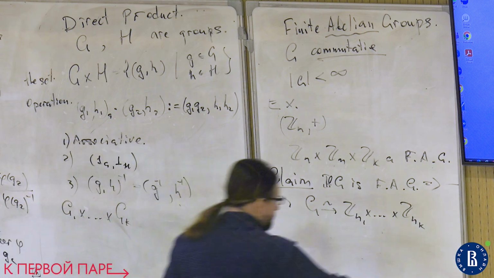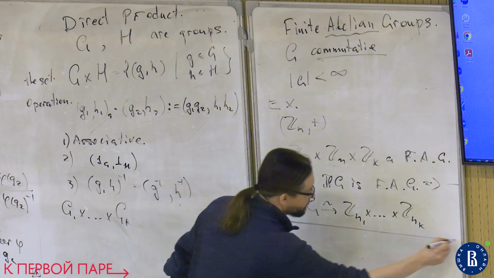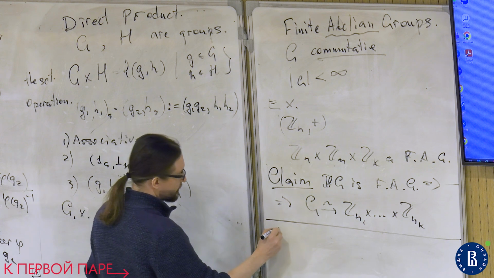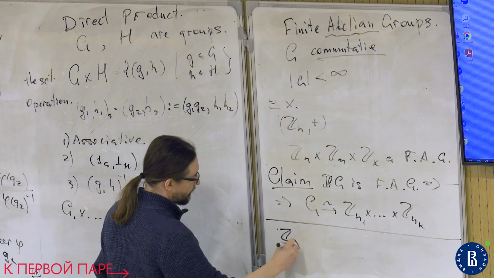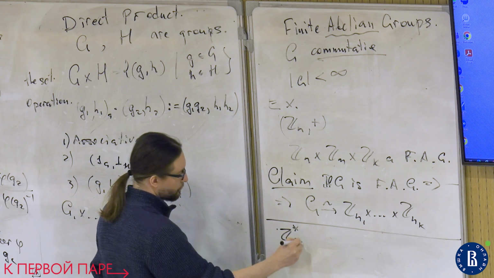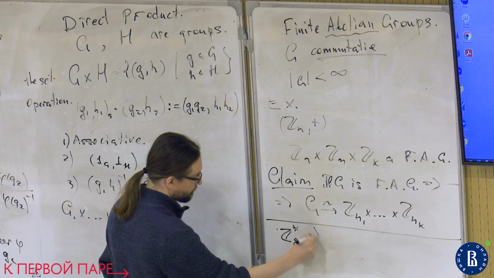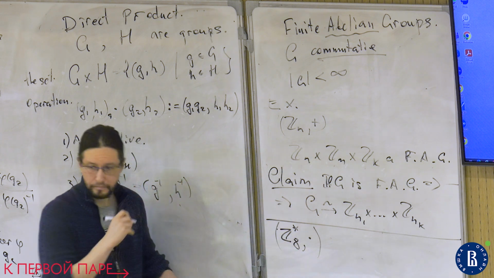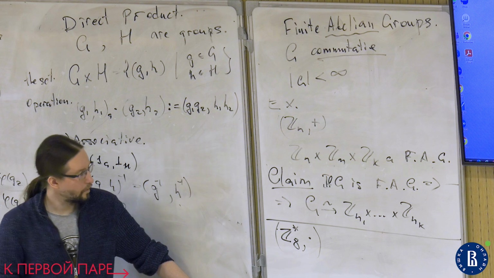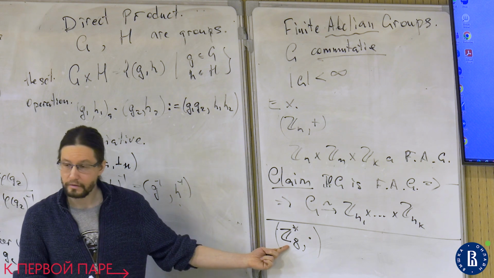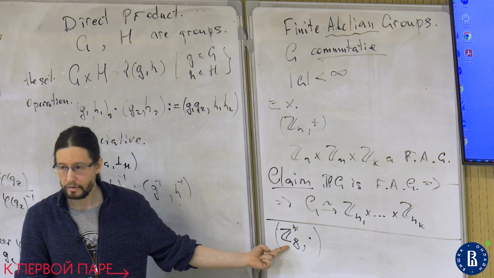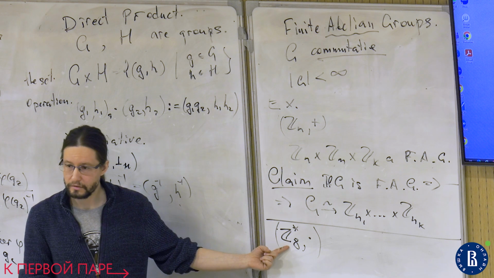Now, here's an example. Let me give an example here. If you take, let's say, Z8 star with multiplication. Well, it's clear that this is an abelian group, and it has finitely many elements.